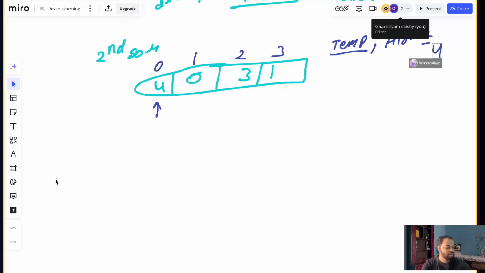So 4 goes there, and this will become null for now. And I'll say if it is null, then move ahead. Cool. I'll go here and then I'll check again. These are not matching, so I'll go back.